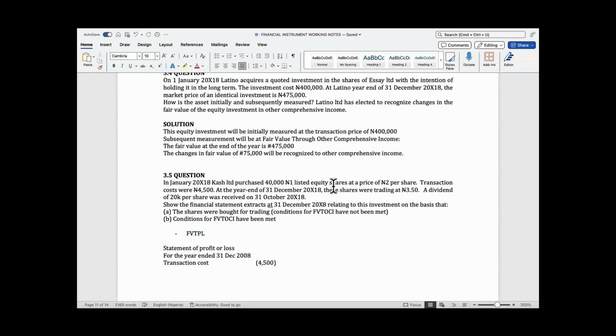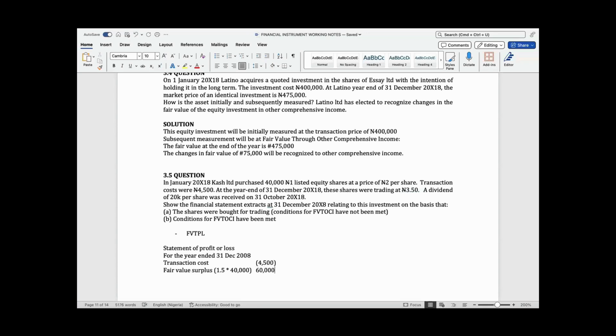As at the year end, these shares were trading for 3.50. So there is a fair value surplus of 1.50 times 40,000 shares. That should be 60,000 as an income.